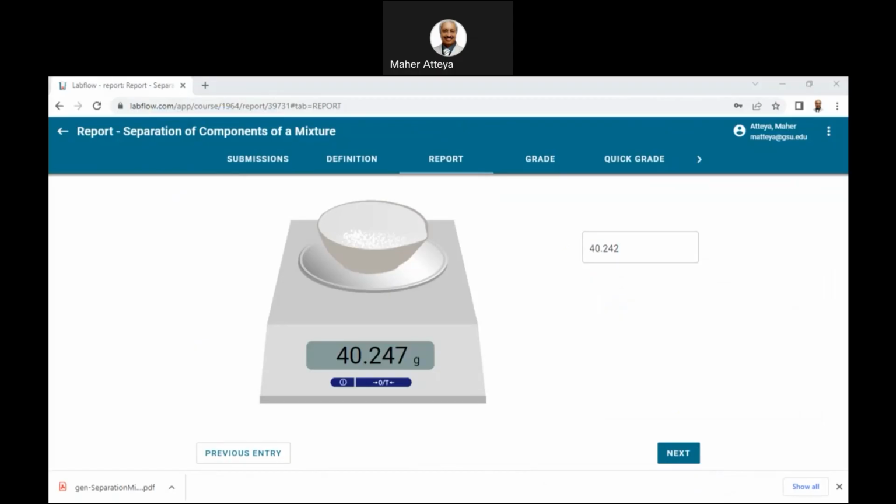We will heat crucible number one with the wet sand to dryness.